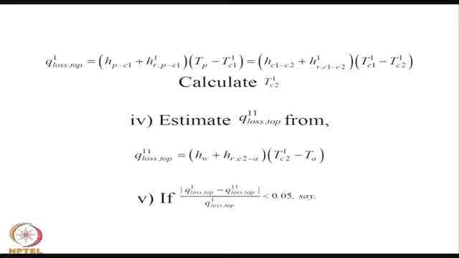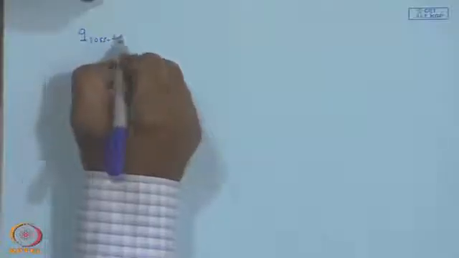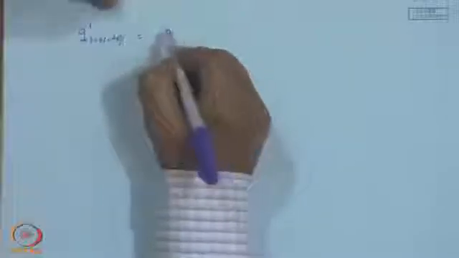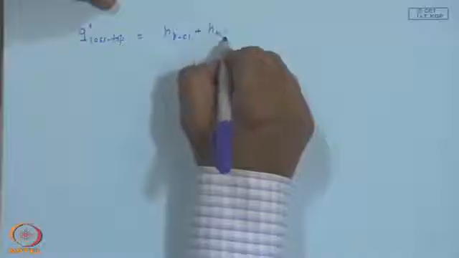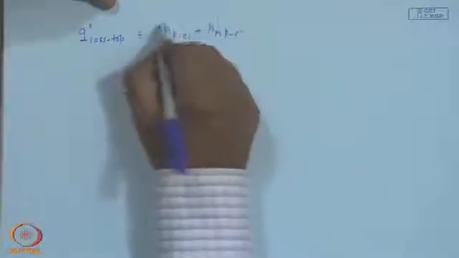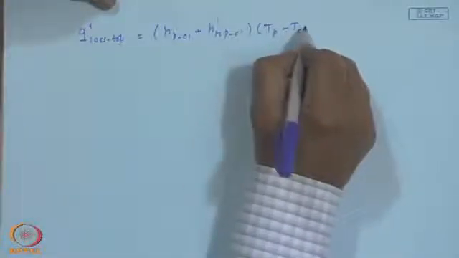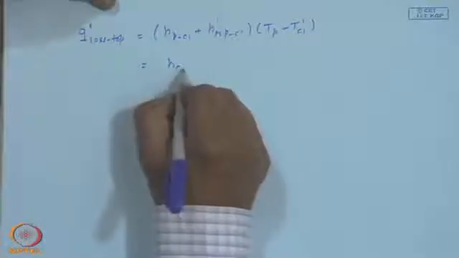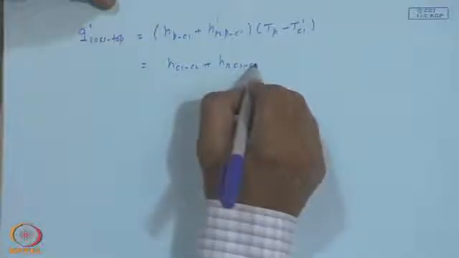So, this relation will be Q loss top 1 should be equal to H p C 1 plus H r p C 1 1 times T p minus T c 1 1, which should be the same as H C 1 to C 2 plus H r C 1 to C 2.